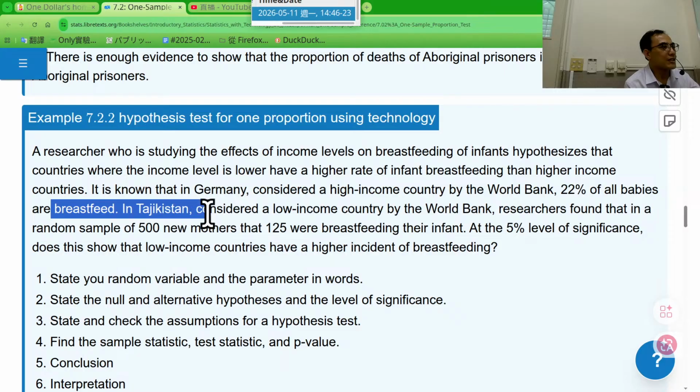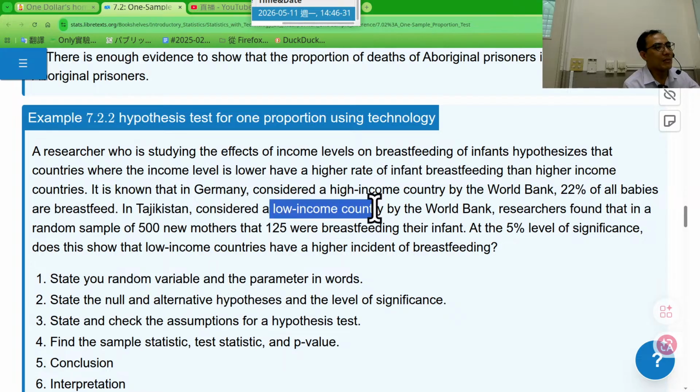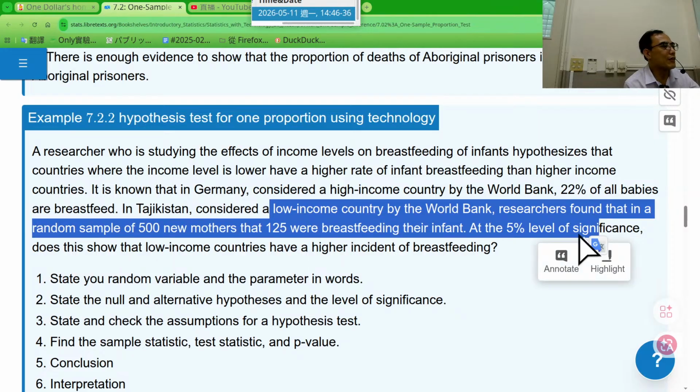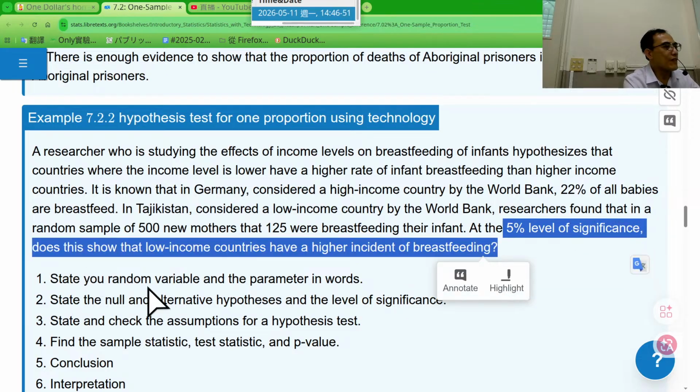In Tajikistan, which I think is very close to the Middle East, considered a low-income country by the World Bank, researchers found that in a random sample of 500 new mothers, 125 were breastfeeding their infants. At the 5% level of significance, does this show that low-income countries have a higher incidence of breastfeeding?